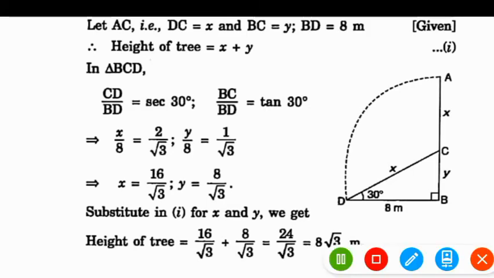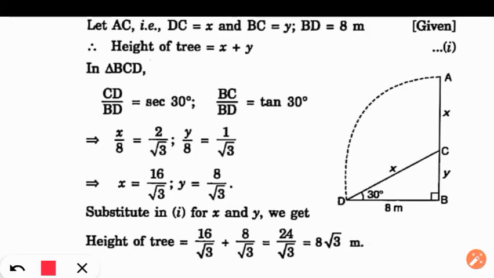Now, we will find one by one with respect to BD, because BD is known. So, first let us find x. Here we have base and here we have hypotenuse. Now, tell me a trigonometrical ratio where we have hypotenuse and base. Cos is there, you can use cos or you can use its reciprocal sec.